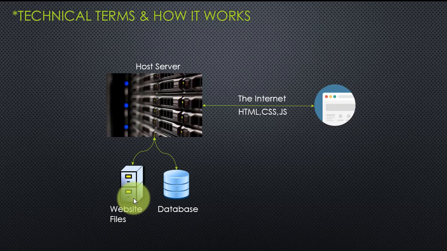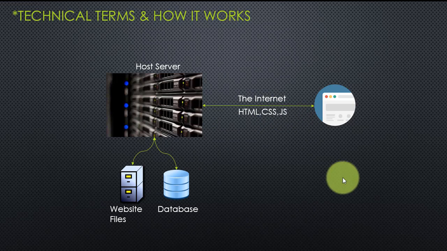Those are all the code and things that run your website. It also makes calls to what's called a database. And a database is basically like a really smart spreadsheet that links all the information together. Between those two things, the server serves that information up to you on your browser, and it serves it to you through what's called HTML, which is the language of the internet basically, CSS, which is the style of the internet, and JavaScript, which makes all the really nice, smooth things happen on your website automatically.